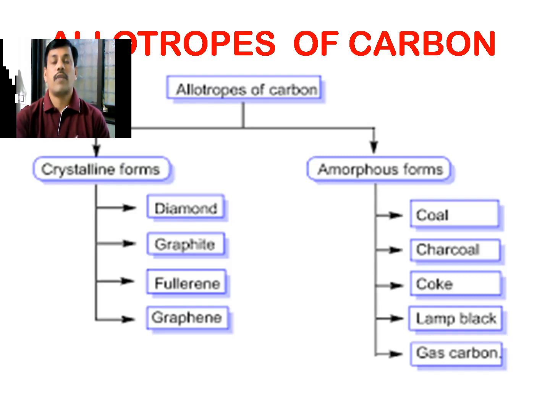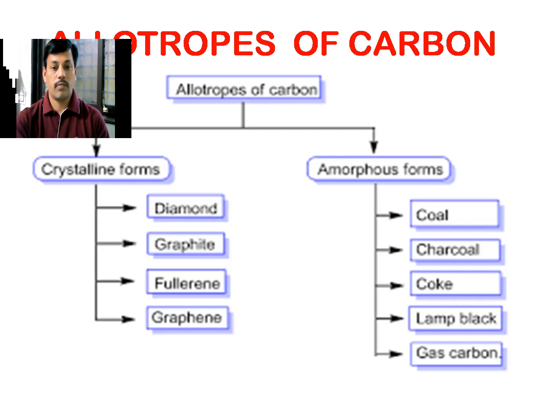In crystalline forms we discuss diamond, graphite, fullerene and graphene. Among these four, the structures, hybridization and uses of diamond and graphite we discuss in this video. Later, in amorphous forms we have coal, charcoal, coke, lamp black and gas carbon.